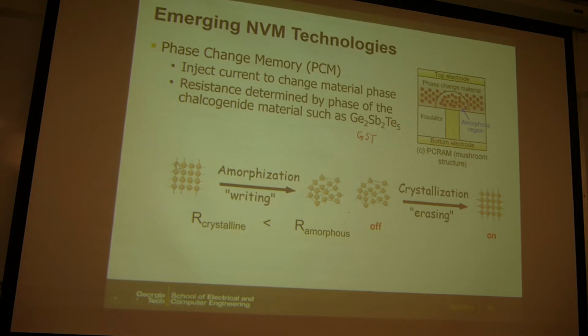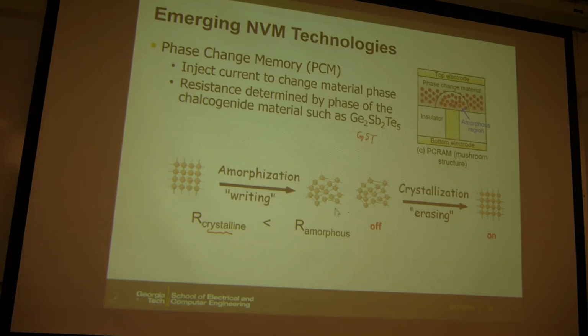So let's say this is the lattice of the atoms. And if the atoms are in this ordered, or let's say very regular configuration, this is called the crystalline phase, like crystals.